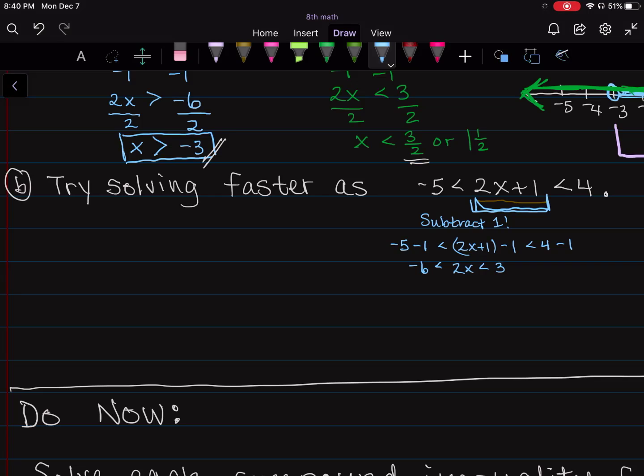Next, I know what 2x is and what it's sandwiched between. I need to know what x is by itself. I'm going to divide everything in sight by 2. That leaves me with negative 6 divided by 2, or negative 3, is less than x, which is less than 3/2. And notice we get the same inequality much faster.